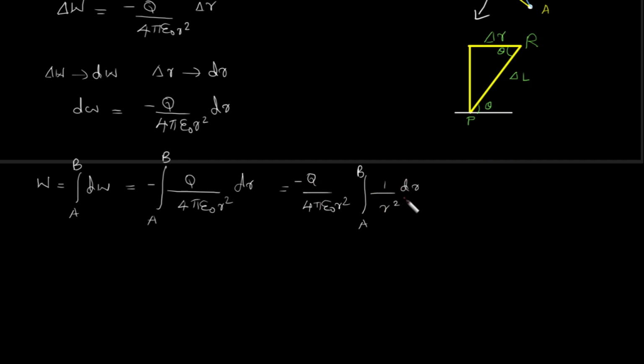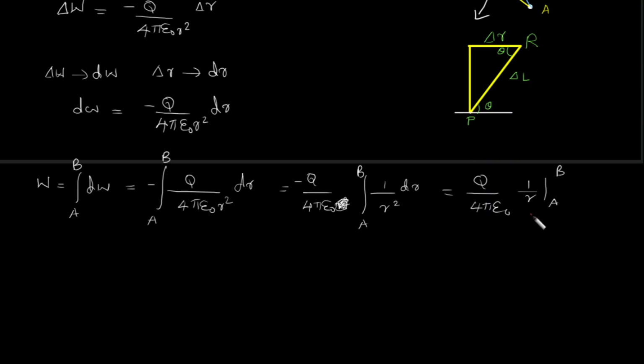If I integrate minus 1 by R square, I get 1 by R. So Q by 4 pi epsilon, integration of minus 1 by R square is 1 by R, from A to B.